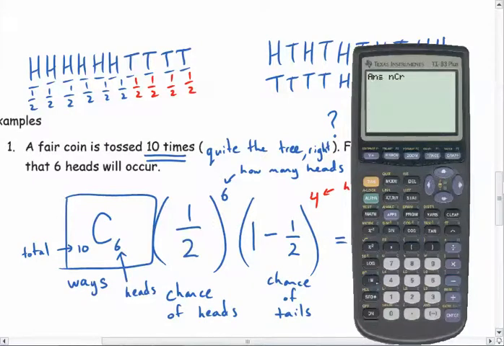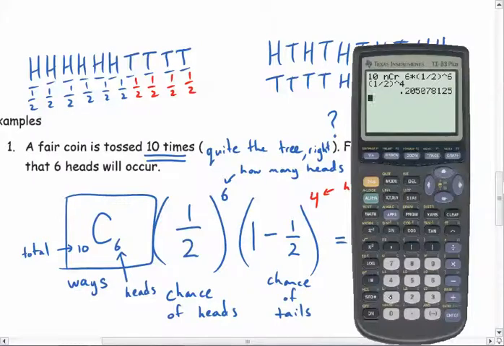So first you need to put in the number 10. Then math, probability, number 3. Then the number 6. We want 1/2 happening 6 times, and we want the tails 1/2 happening 4 times. Ta-da! The probability is 21%.